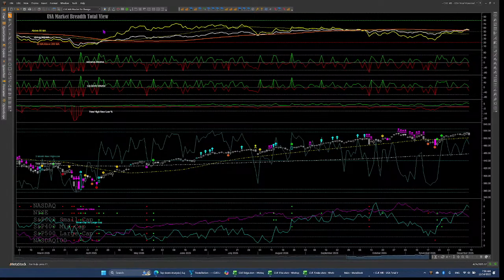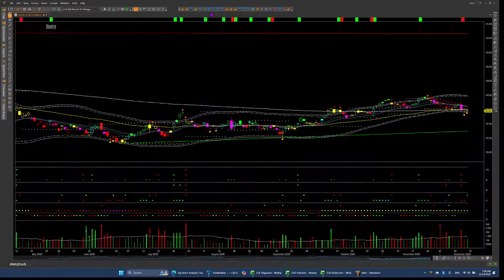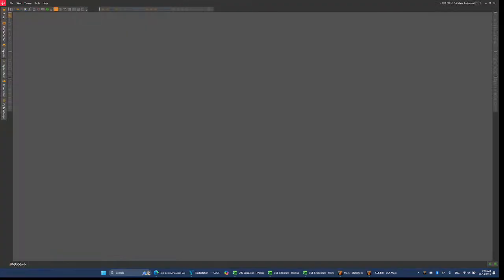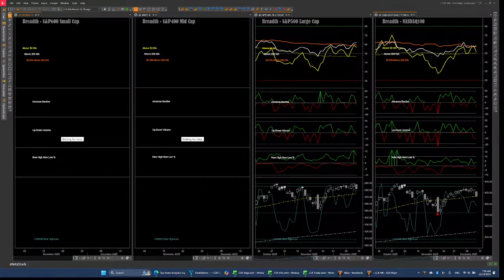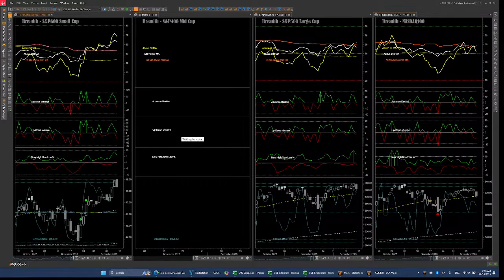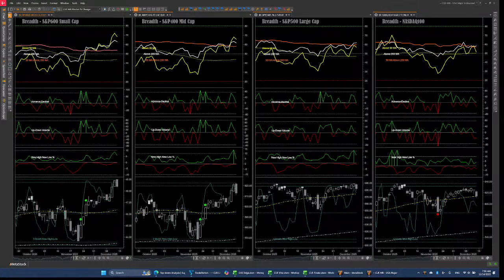Let's now drill down into the major indexes' internal health. Here we have the internal breadth of small cap on the left, which was also extremely overbought on Thursday.